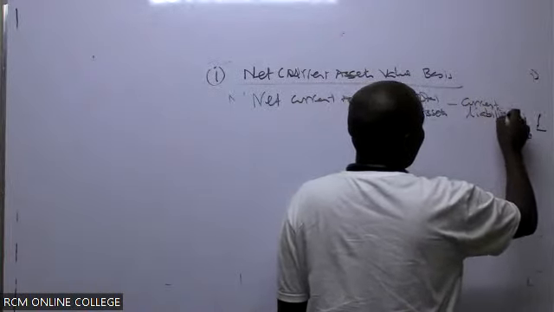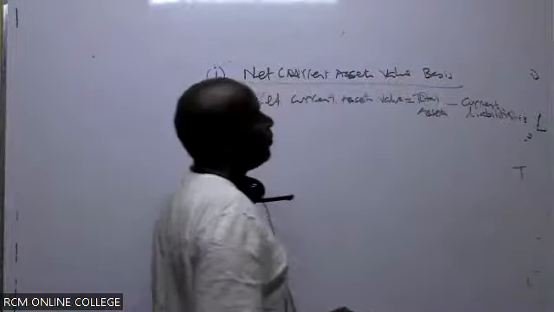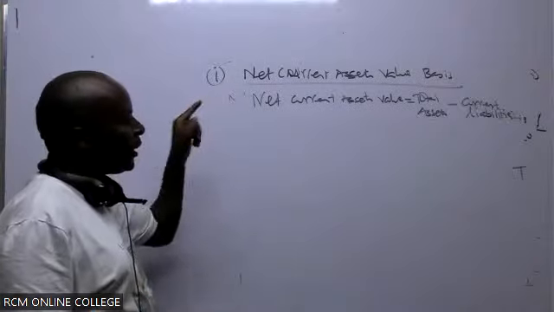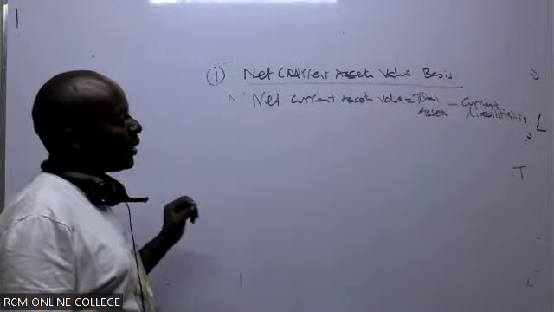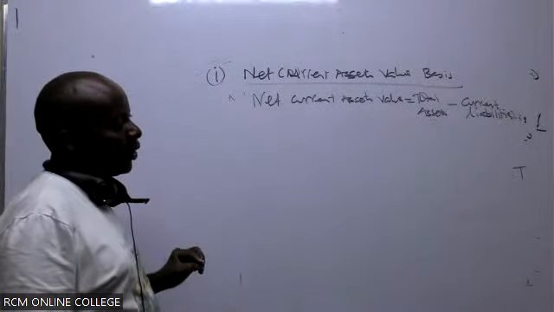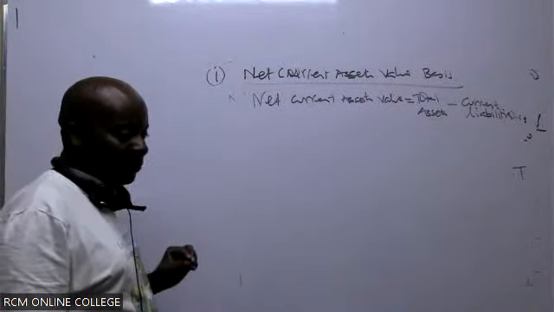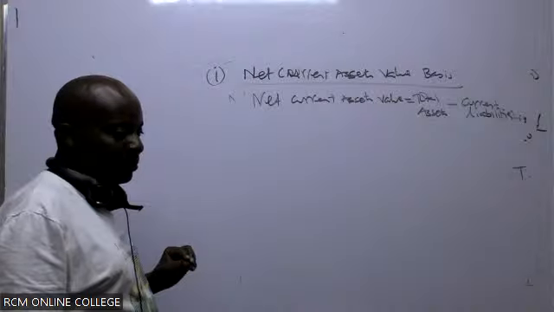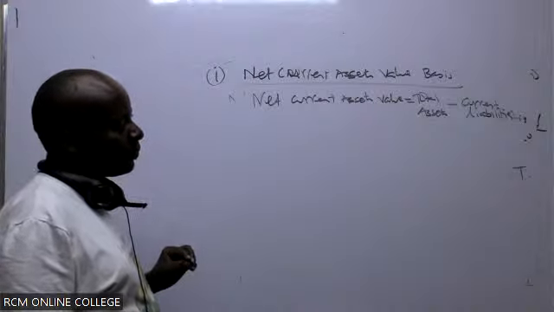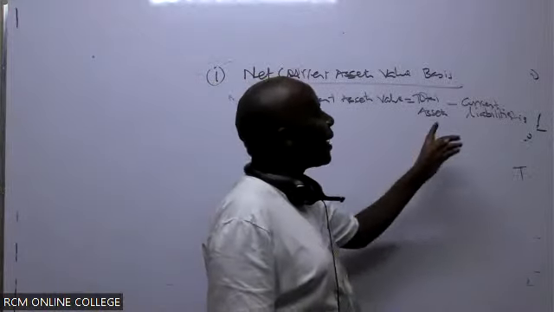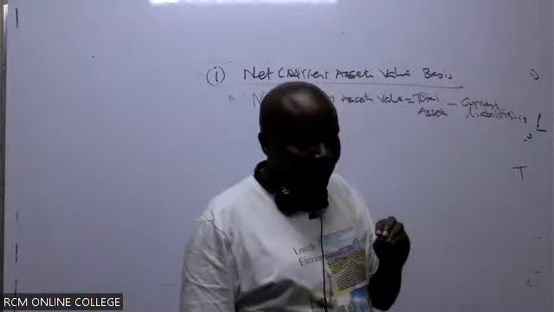So if I were you, I'd do it using the two methods and I'd write this way. Net current assets value will be total assets minus current liabilities. So here we are lucky because already current liabilities were deducted.